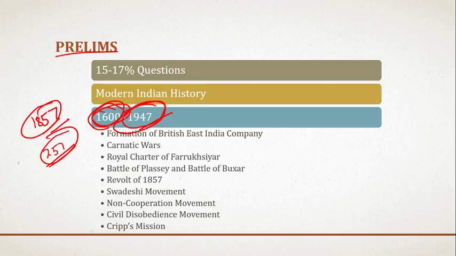We would also be discussing the advent of Europeans, Carnatic War, rise of the Britishers in different parts of India, conflict of European powers, conflict of Mughals and Britishers, national movement, different political, economic and social aspects, the socio-religious reform movements, militancy, Subhash Chandra Bose. All these are the issues that we would be discussing in detail.